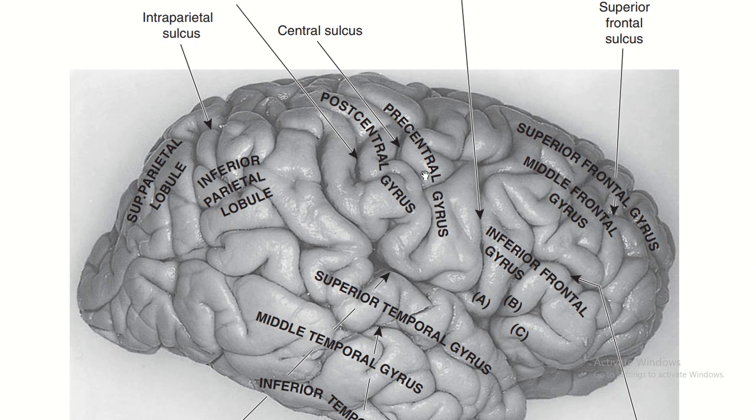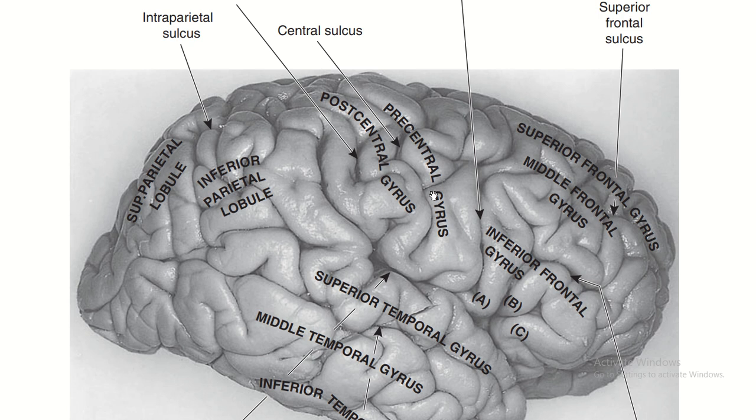Your precentral gyrus is involved in the primary motor cortex. It is the primary motor area that involves all voluntary movements. So all voluntary movements are processed by the precentral gyrus, right? There's going to be a groove that is parallel to your central sulcus.